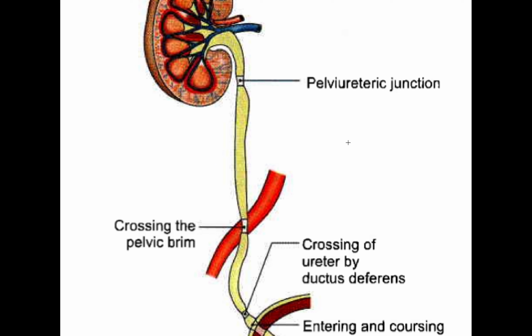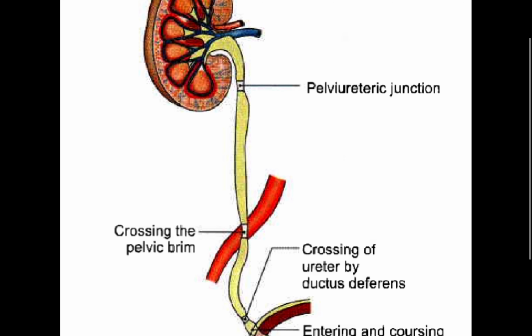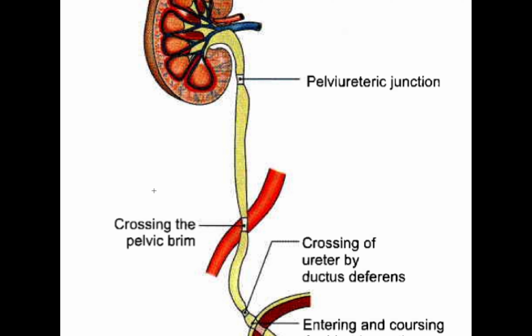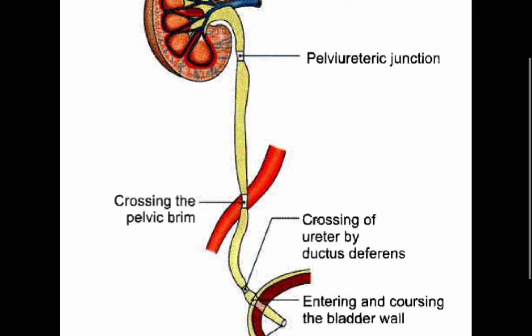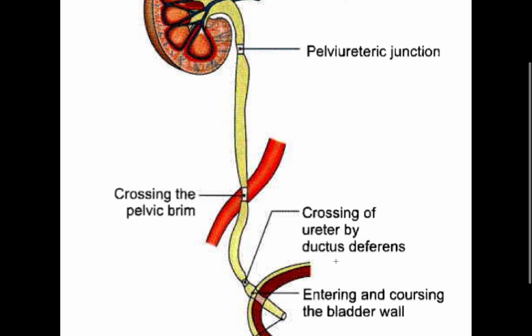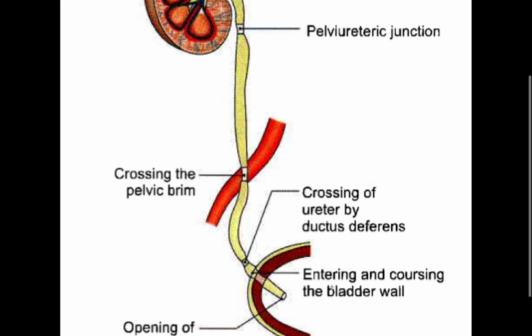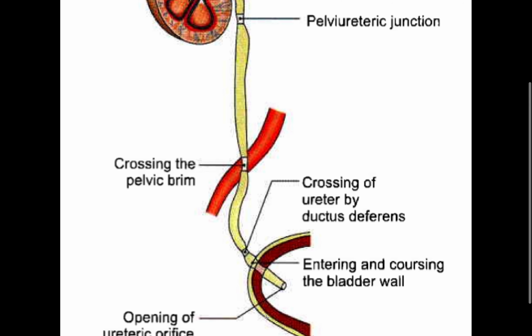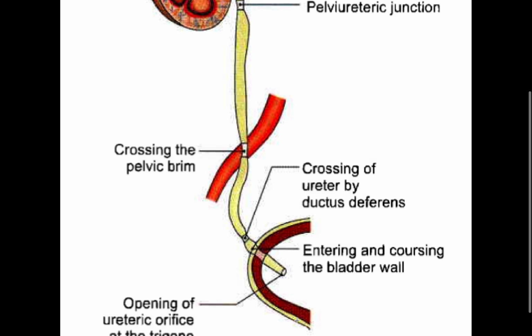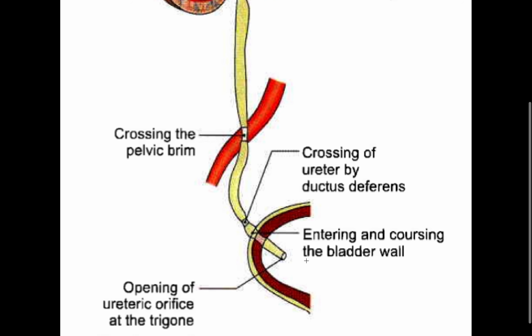The second point where the ureter is constricted is as it crosses the pelvic brim. We know that there is a bony margin, so there is a small constriction in the ureter. Then the third point is as it crosses the ductus deferens in males, and as I discussed earlier, its course through the wall of the urinary bladder, and the fourth is the point where it opens into the urinary bladder.